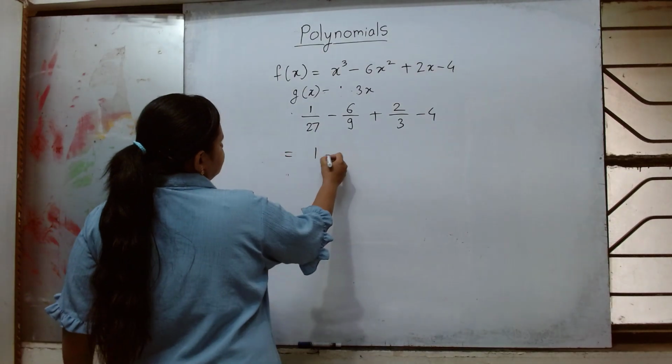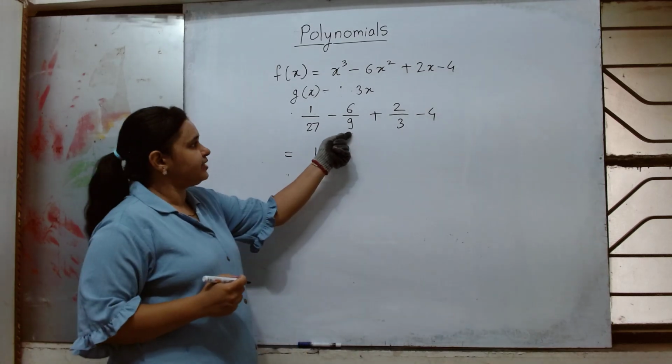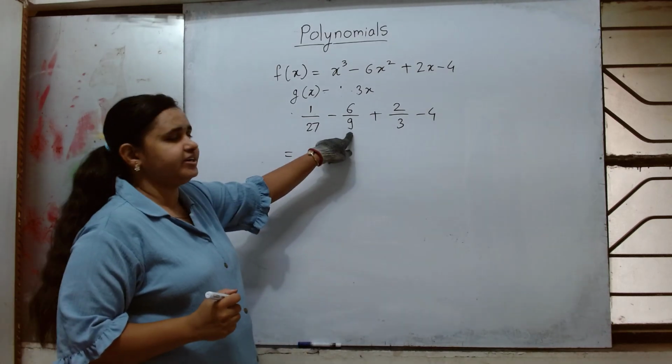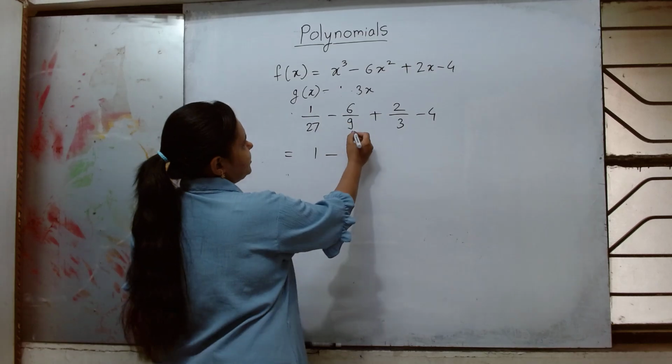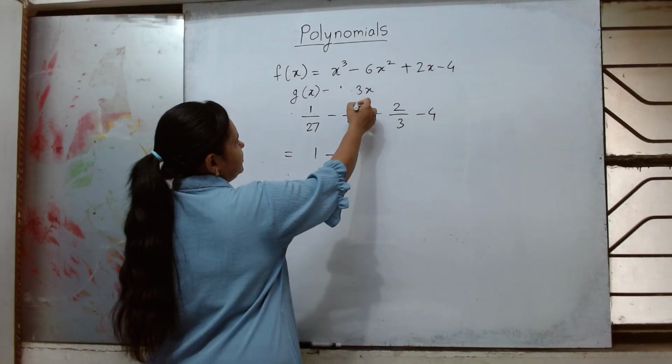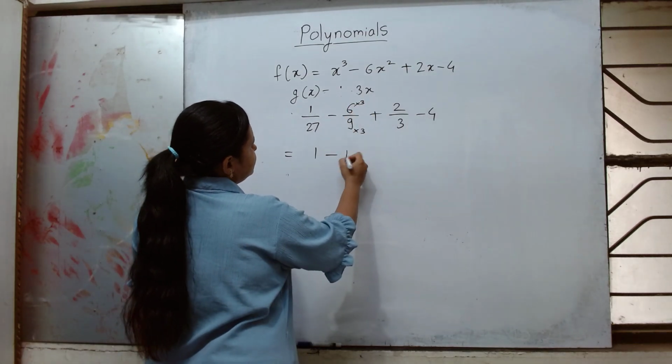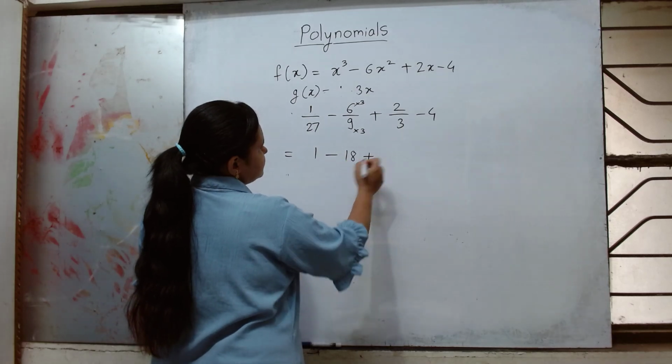It will be 1. What we have to multiply 9 with to get 27? Multiply by 3. If we multiply in denominator, we have to multiply in numerator also. It will be 18 plus.